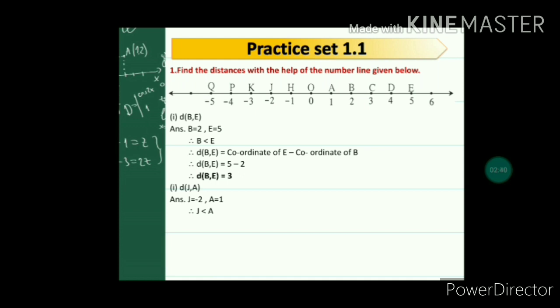Therefore, J is less than A. Therefore, distance of JA is equal to coordinate of A minus coordinate of J, which is 1 minus in bracket minus 2. Minus into minus is plus. Therefore, distance of JA is equal to 1 plus 2.